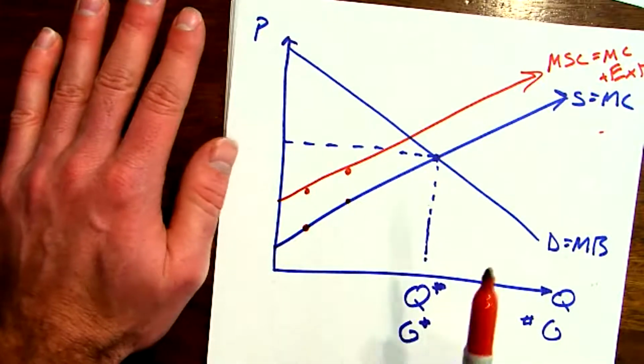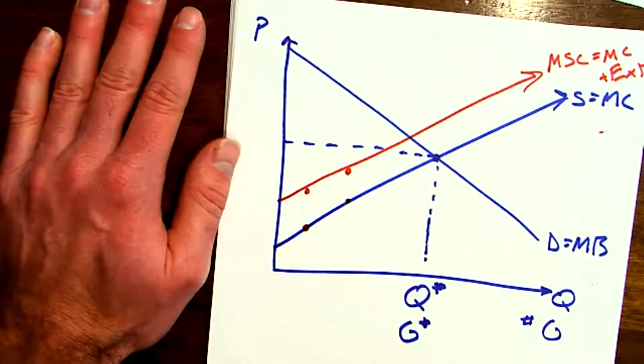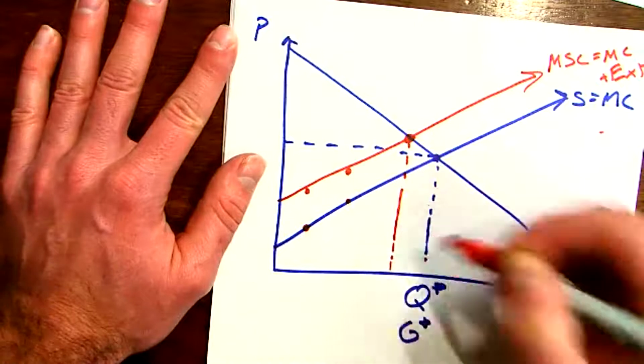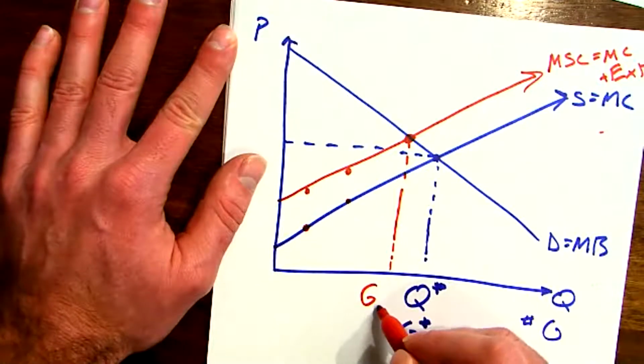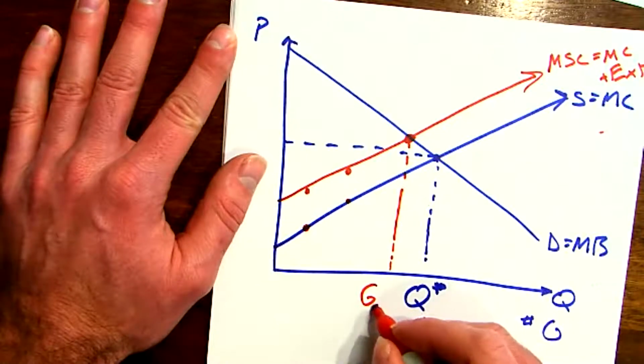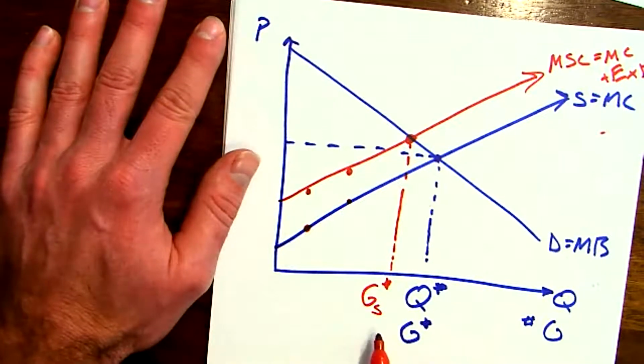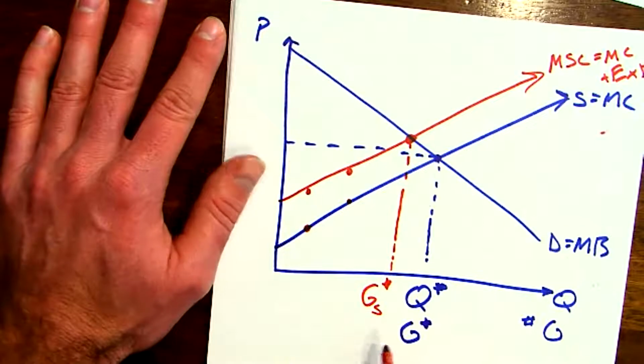I'm willing to supply fewer games at every single given price. So now I look and say, okay, what would society, I guess we can call this society's equilibrium here.